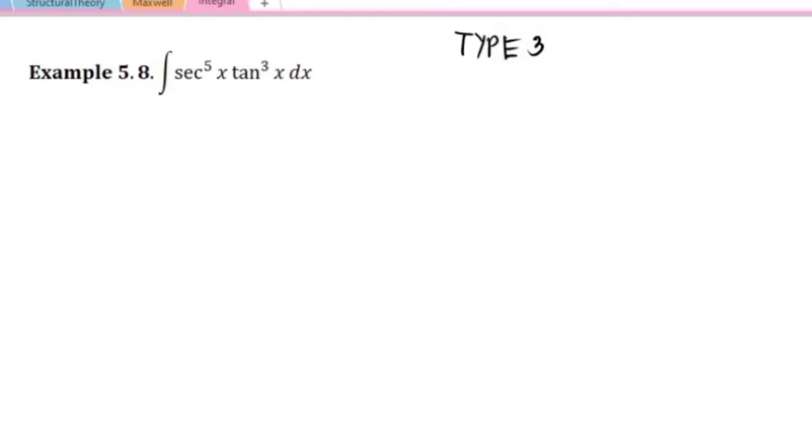And check natin kung under sa type 3, saan siya magpo-fall. Sa'yo ba o sa kanya? Joke. The exponent of secant, so that's n, is equal to 5. And the exponent of tangent is equal to 3. So, ito lang naman yung tinitingnan natin dito.